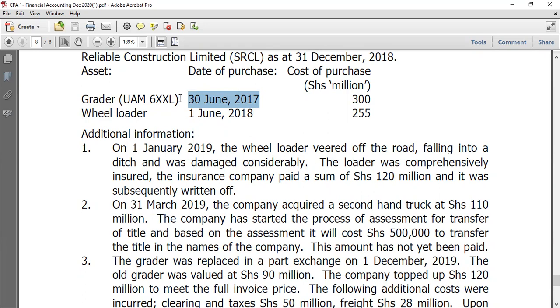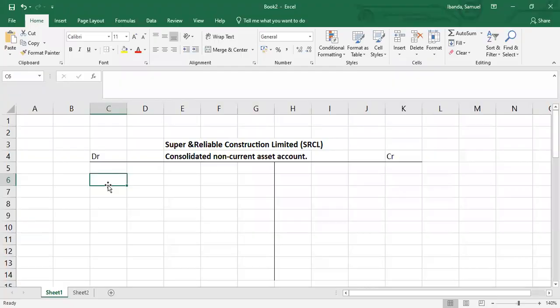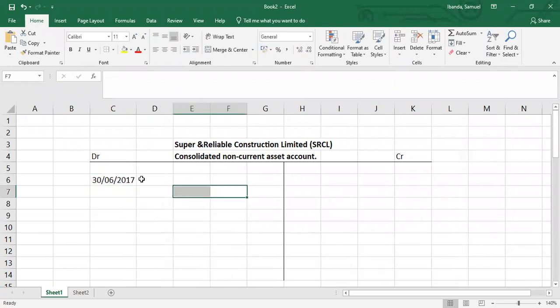So on 30th June 2017, the grader is worth 300 million. Remember, when we buy an asset, we debit the asset account. So this was 30th June 2017.